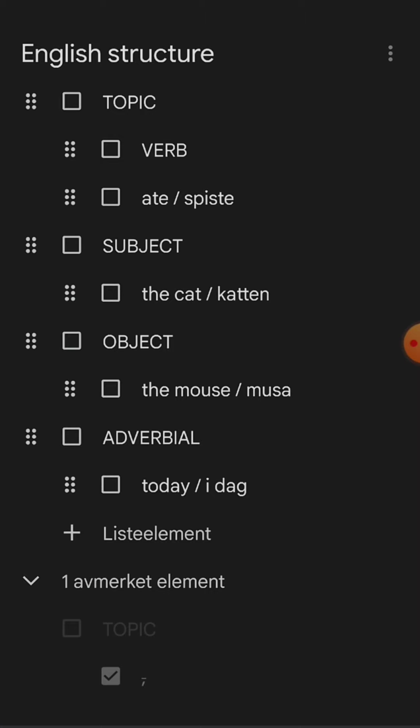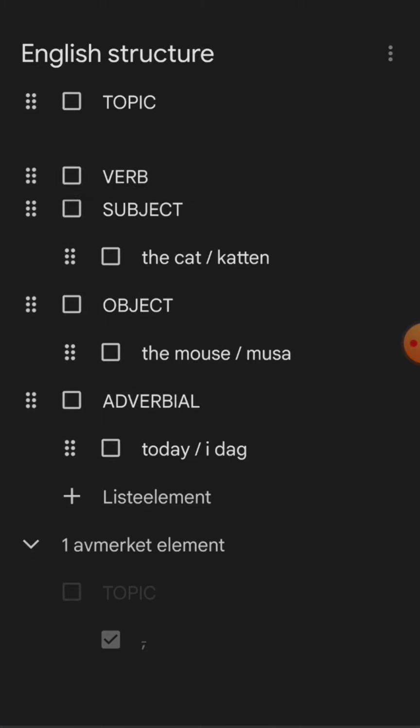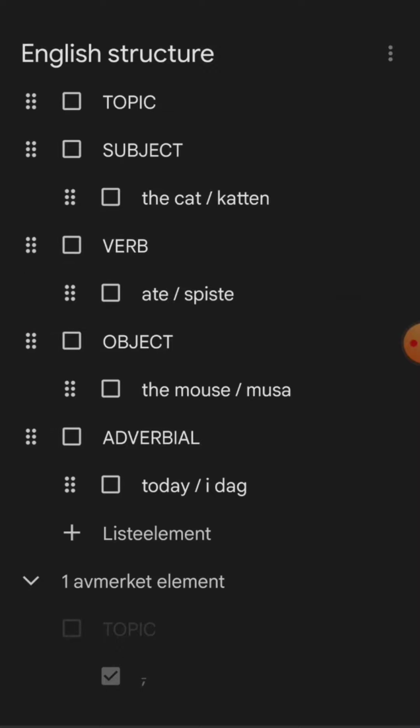Anyway, in Norwegian it works like that too. If the verb goes into the topic slot and you don't use an auxiliary verb, so it is just "spiste katten musa i dag," or "ate the cat the mouse today." And that's a very common use of the topic slot.